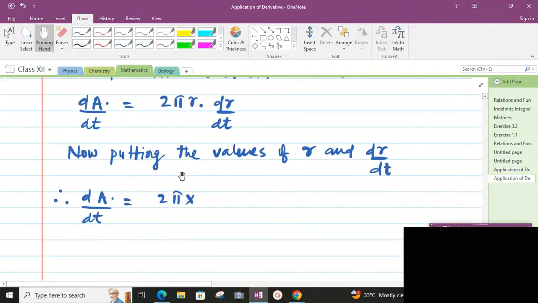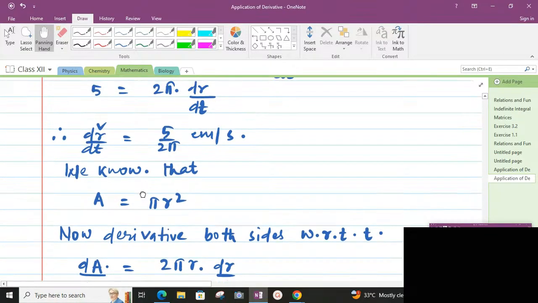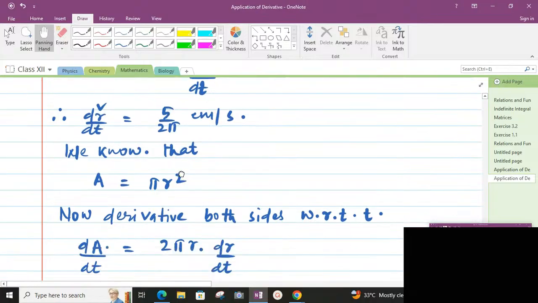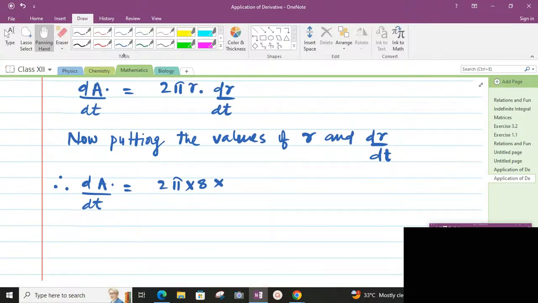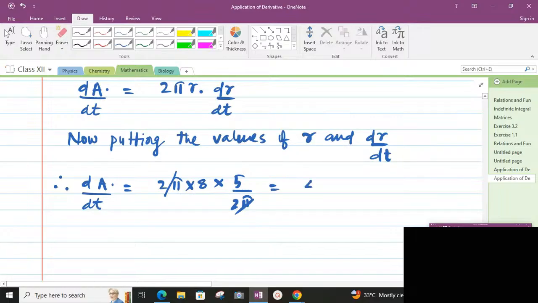So we write down here into 8, and the value of dr by dt we found out here, 5 by 2 pi, into 5 by 2 pi. 2 pi cancelled out, then we get here 40, and the unit of area is centimeter per second. So this one will be the answer.